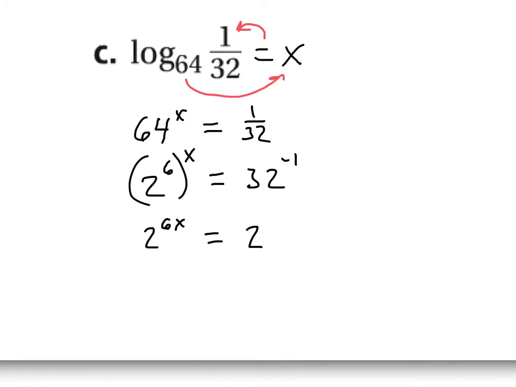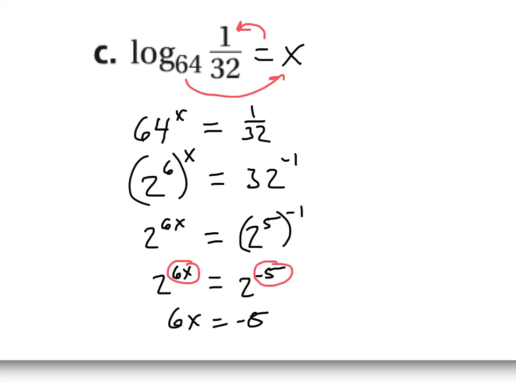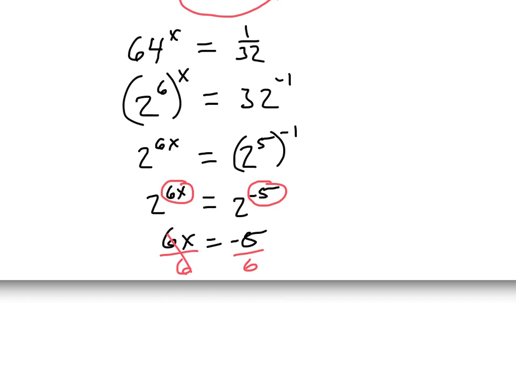So 2 to the 5th power, I heard someone say, that's raised to the -1st power. So therefore, I have 2 to the 6x power equals 2 to the -5th power. Now I can say that 6x equals -5. And so therefore, x equals -5/6.